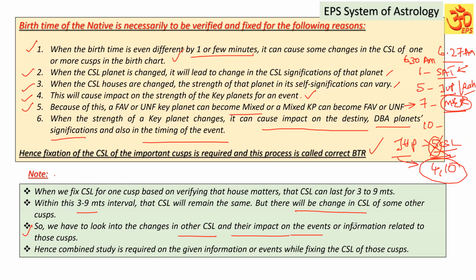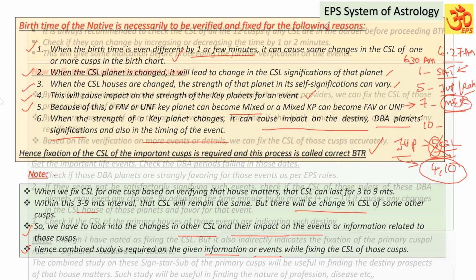Hence, a combined study is required on the given information or events while fixing the cuspal sublord of the cusp. I am talking not only about events but also information. Information means some details related to that house, which will also be useful in fixing the cuspal sublord of that particular house. Hope you have understood this.